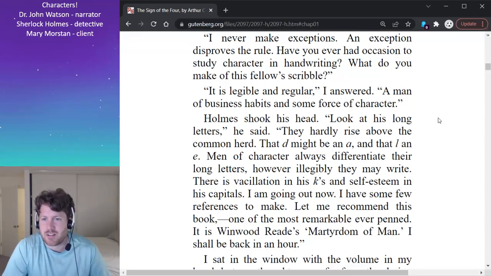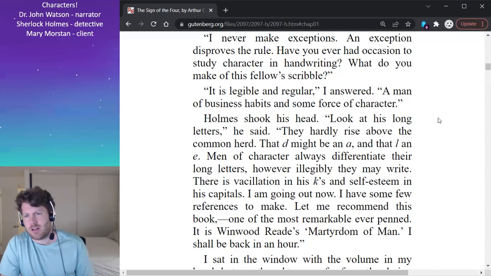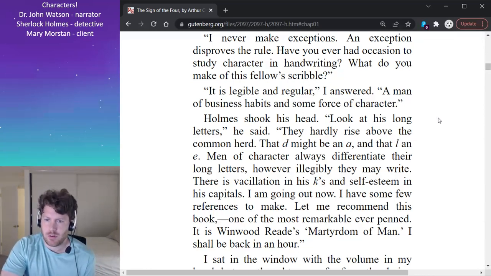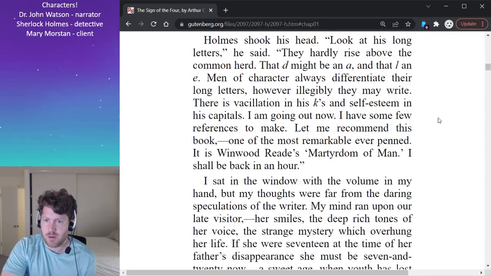Men of character always differentiate their long letters, however illegibly they may write. There's vacillation in his K's and self-esteem in his capitals. I'm going out now. I have some few references to make. Let me recommend this book, one of the most remarkable ever penned. It is Winwood Reade's Martyrdom of Man. I shall be back in an hour.